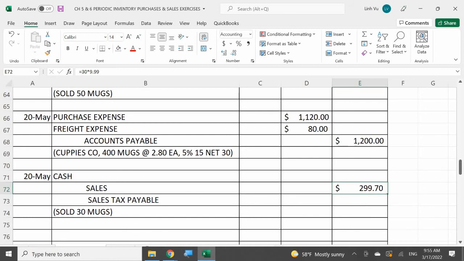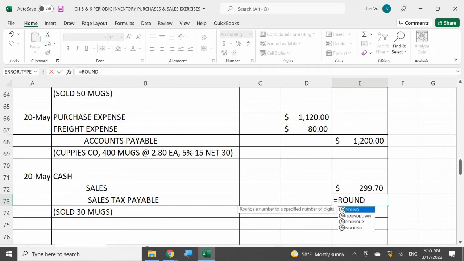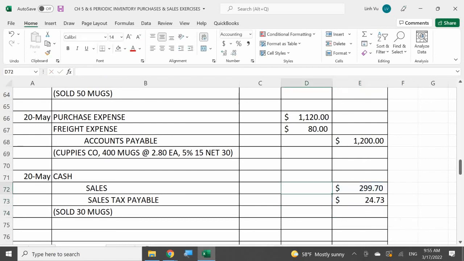Okay, so in this case, we sold 30 mugs at $9.99. $299.70. And how much tax are we going to be collecting? $24.73. So in grand total, we should be receiving $324.43.